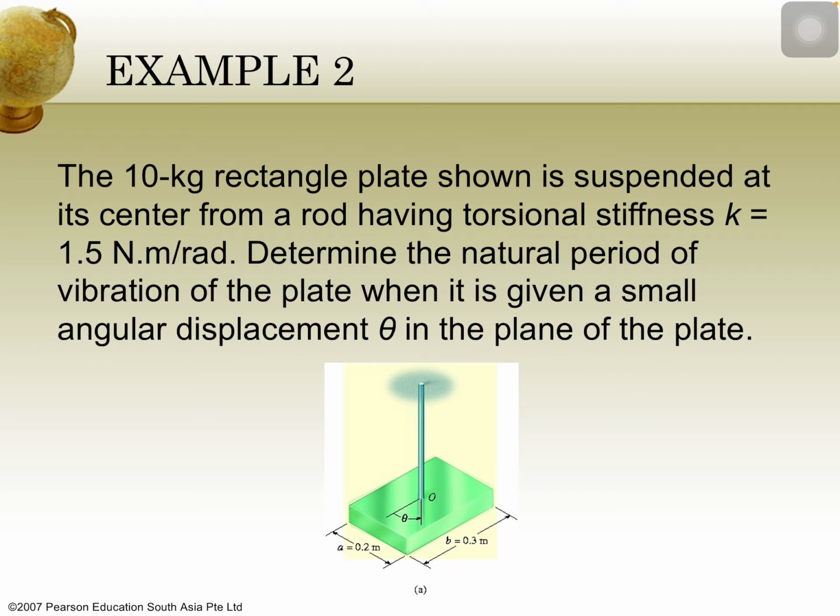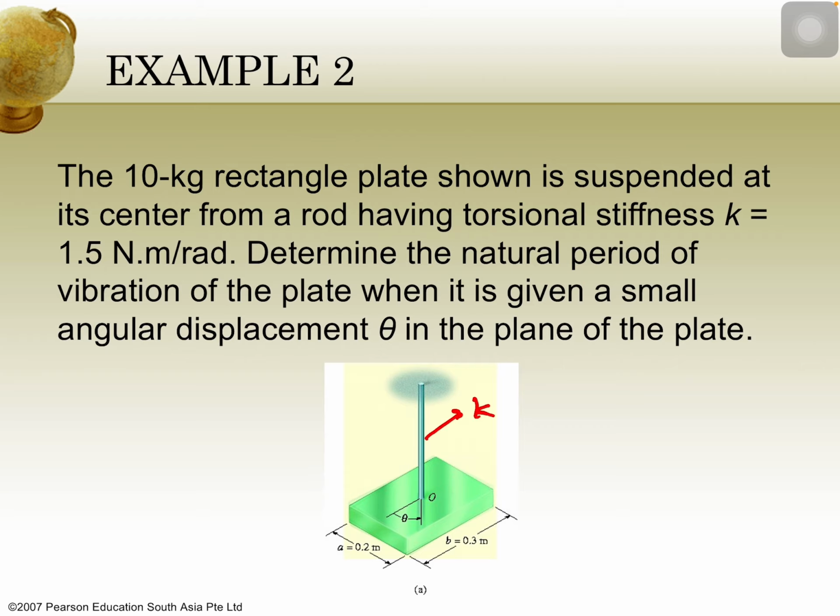Now we go to the next example. In example 2, the problem is different, and we are going to consider moment. The 10 kilogram rectangular plate shown is suspended at its center from a rod having torsional stiffness.